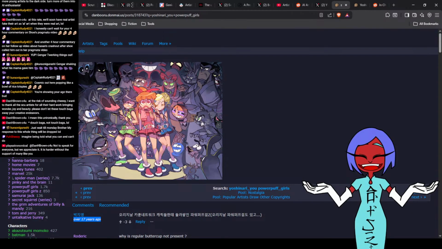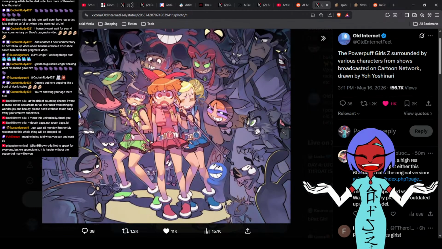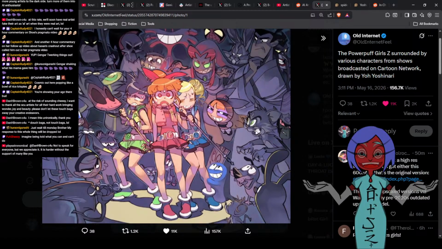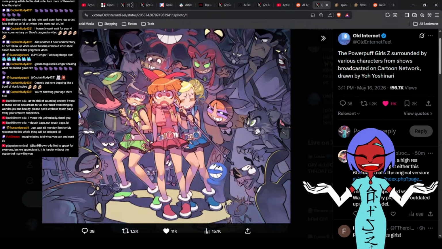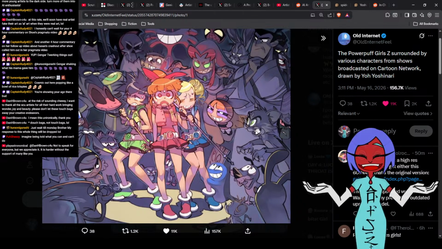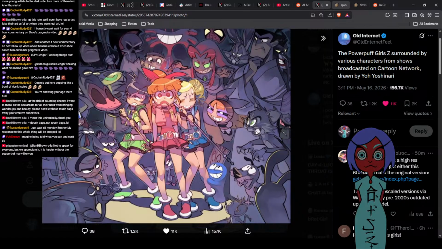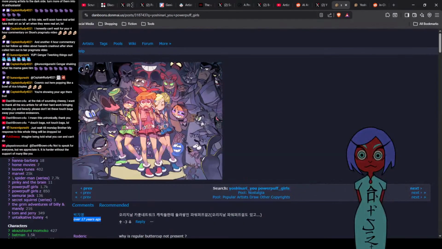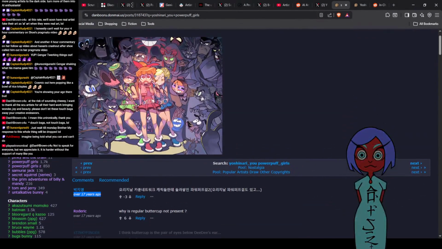I don't remember the AI being able to produce anything of this quality. And by the way, yeah, the original version is actually significantly larger. But I don't remember the AI being able to produce anything like this 17 years ago. Is it that hard to put an image in a Google reverse image search? Right? Oh my god. But, yeah.